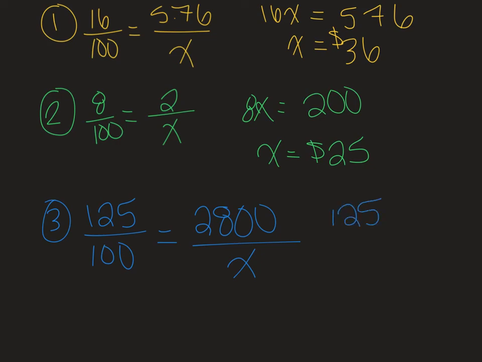So 125x equals 100 times 2,800. You get 280,000. And then divide that by 125. So x equals $2,240.